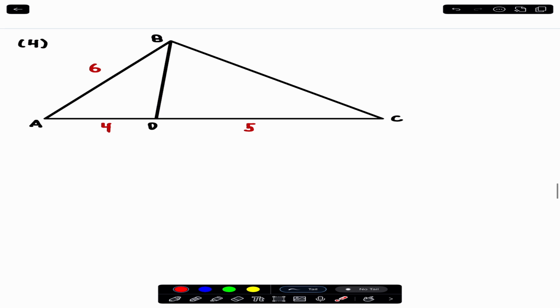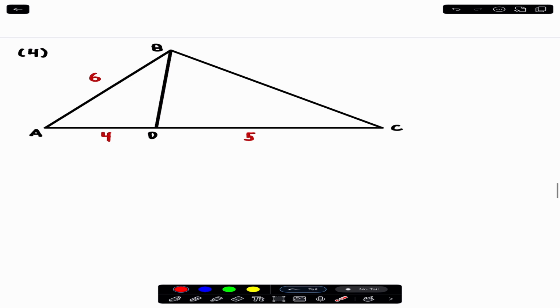It seems like we have a side length, another side length, and another side length. But we're not given any angles. There's nothing marked in this diagram. And you're thinking maybe there's no side here, there's no side here. So it doesn't really look like the typical setup that we saw before.